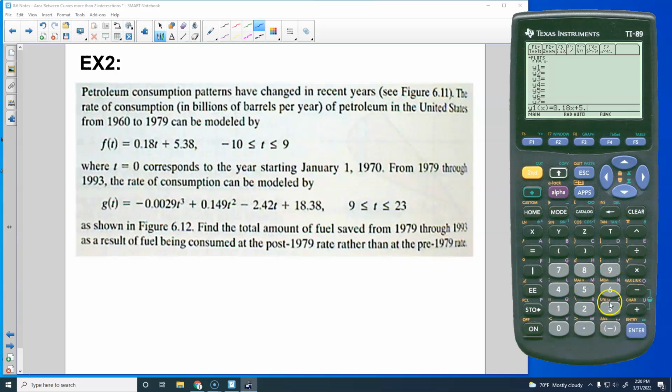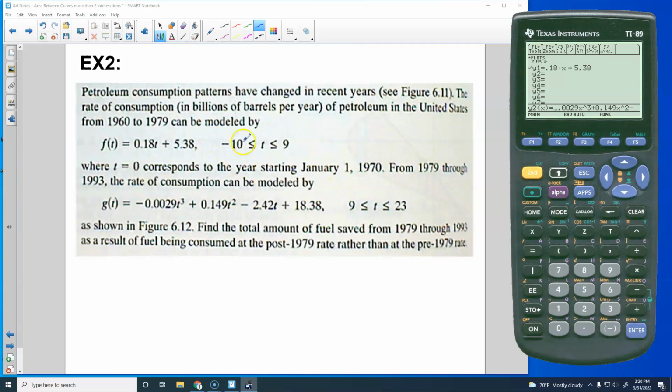Yeah, the window's probably going to need some work. It should be on your paper. Set the window to the interval that it's given on the paper. You've got to get your X's right before you do zoom fit.